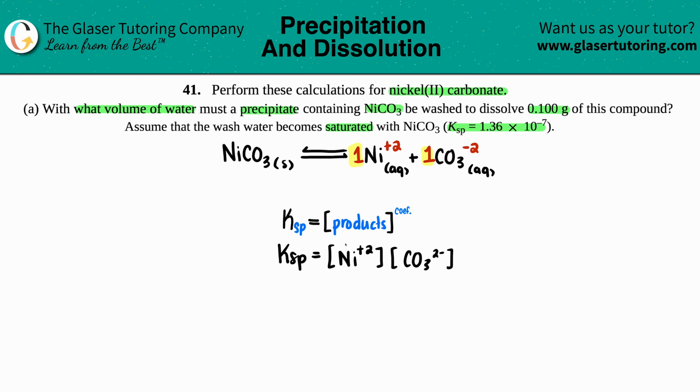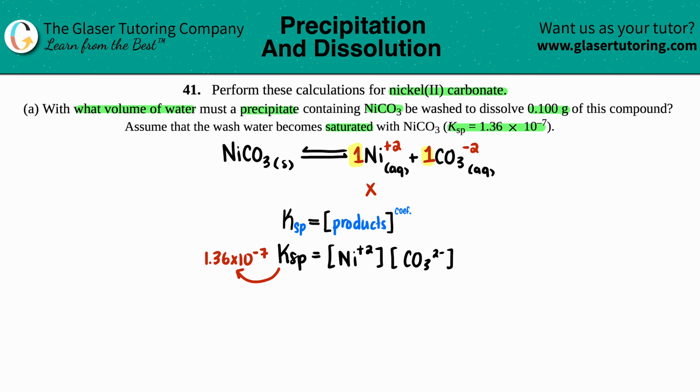Now, they didn't say what the nickel concentration was, what the carbonate ion concentration was, but I know my Ksp value, they told us that. So 1.36 times 10 to the negative 7th. So I'm going to go back to my balanced equation and say, okay, I don't know what the nickel concentration is, the Ni2+, so I'm just going to label it as an x value.